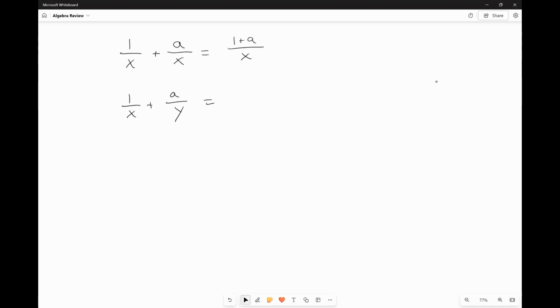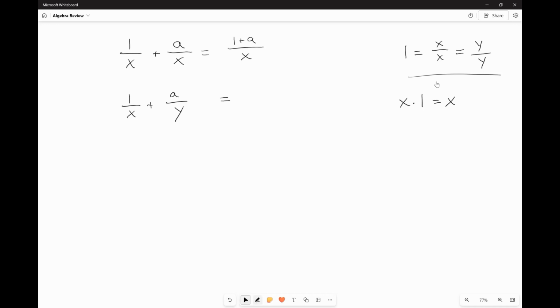What we could do to make that happen is use the tool that we mentioned a little bit ago. Remember when I said that 1 equals any value divided by itself? So 1 equals x divided by x and 1 equals y divided by y. We know this is a helpful tool. We also know from what I mentioned earlier that x times 1 is equal to x.